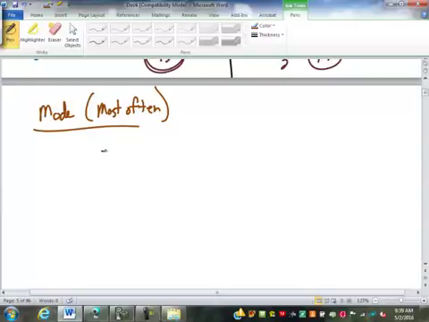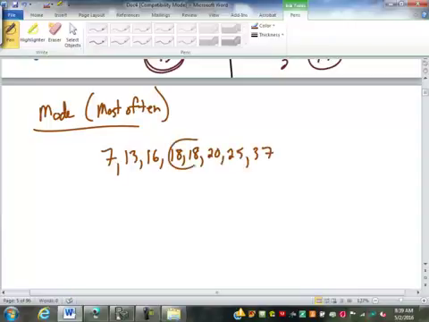So if I had something like, and I'm just going to put these in order, here, obviously, there's a mode of 18. What if there's more than one number that appears twice? Well, statistics is not set in stone.